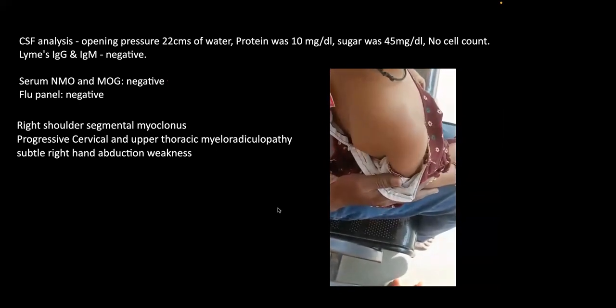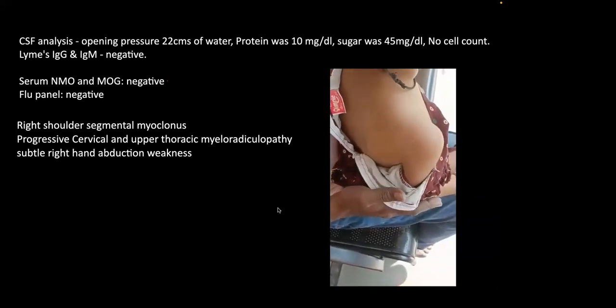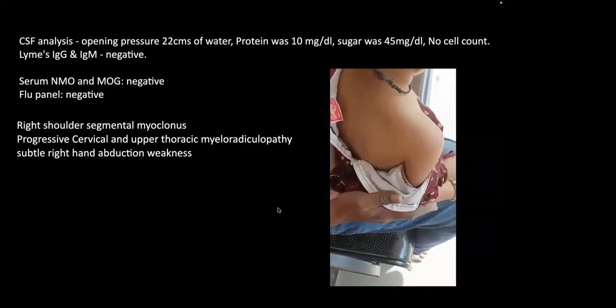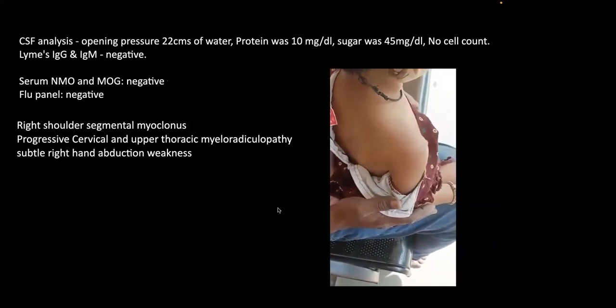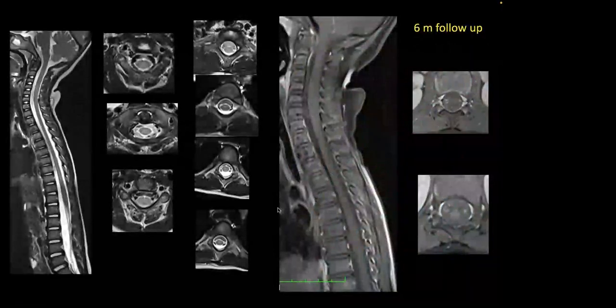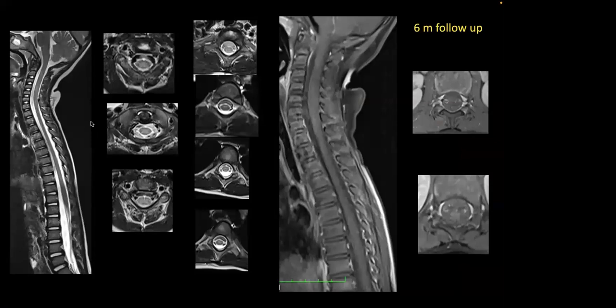So we repeated the MRI spine this time, 6 months after the initial scan. Again, you can appreciate cord myelopathy, and these are the sections along the thoracic cord. There is some interval progression in terms of signal changes, especially along the ventral aspects of the thoracic cord.